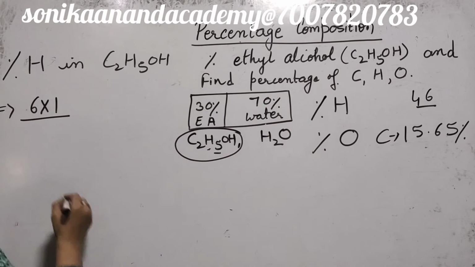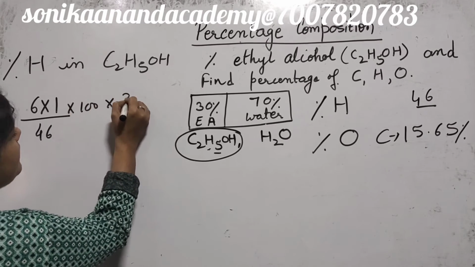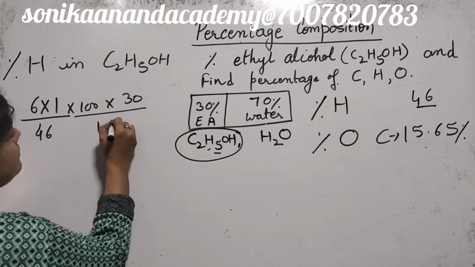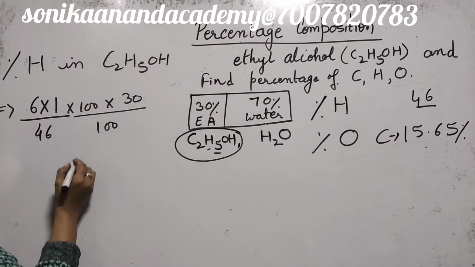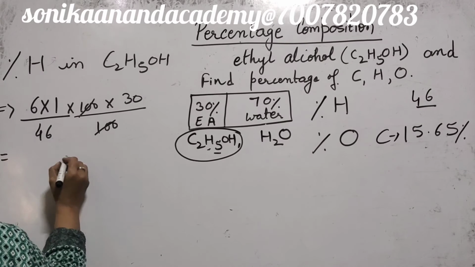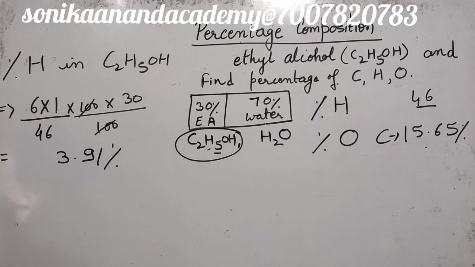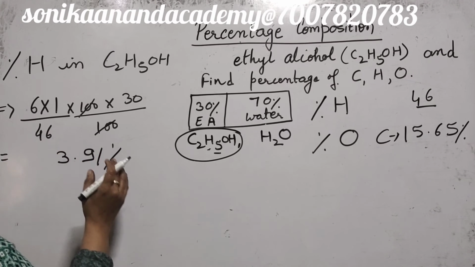Total molecular weight is 46 into 100 into 30 by 100. Okay. It gets cancelled. When we solve, we get the answer 3.91%.